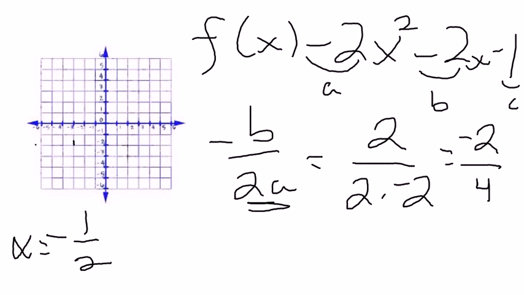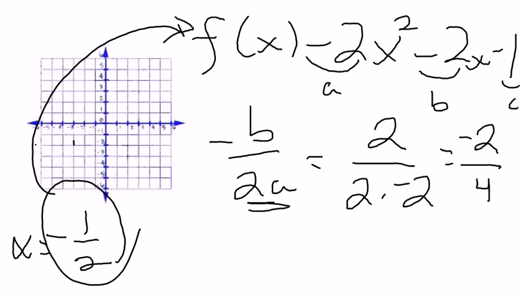One thing we can do is eliminate some of these answers, like D. The axis of symmetry is not in the negative area of x, so we can eliminate D from the possibilities. The next step is to plug this into our equation up here and get what f of x is, because that will give us the y value.